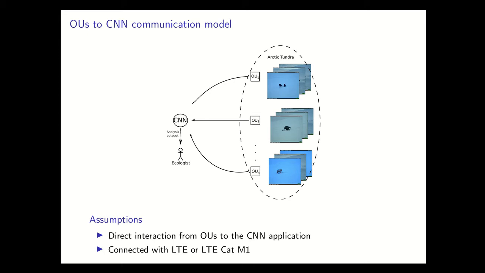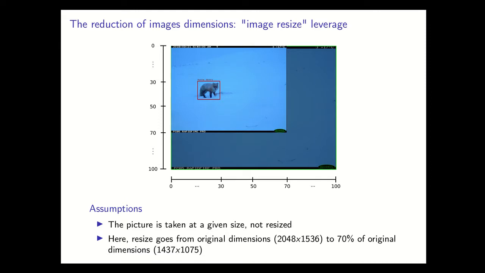A bit about the reduction of the images. The idea is quite simple. We have very big images, 2048 per 1536 pixels. And the idea that we have here is that either the OU rescales the image, or it takes a smaller picture and sends it directly to the CNN that has been trained with bigger images.